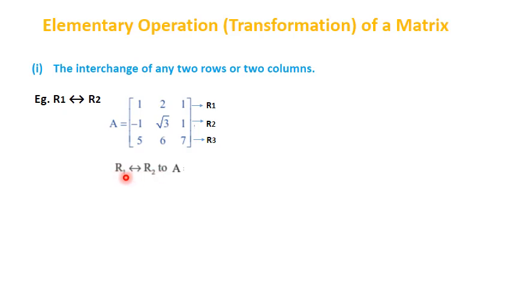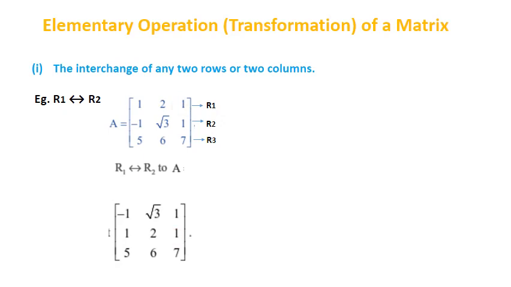When we do R1 interchange to R2, what will happen to the matrix? Let us have a look. R1 and R2 are interchanged. R2 came to the R1 position, so R2, minus 1, root 3, 1 came here in the first row. And R1 came to the R2 position, so 1, 2, 1 here came to the second row.